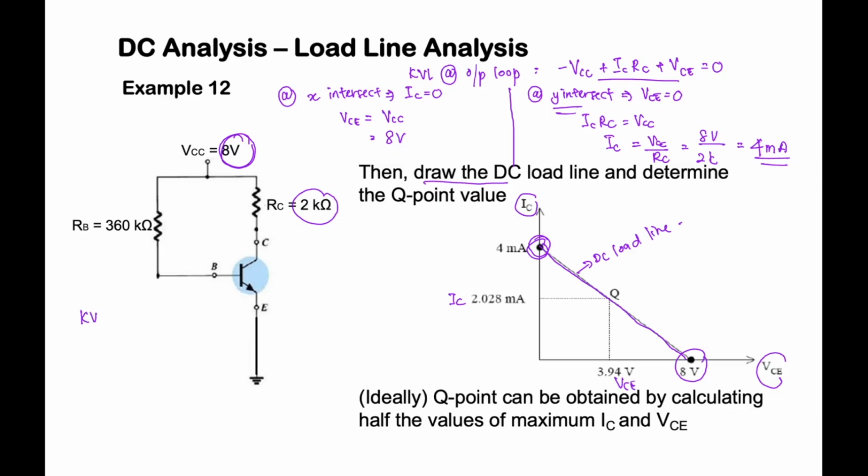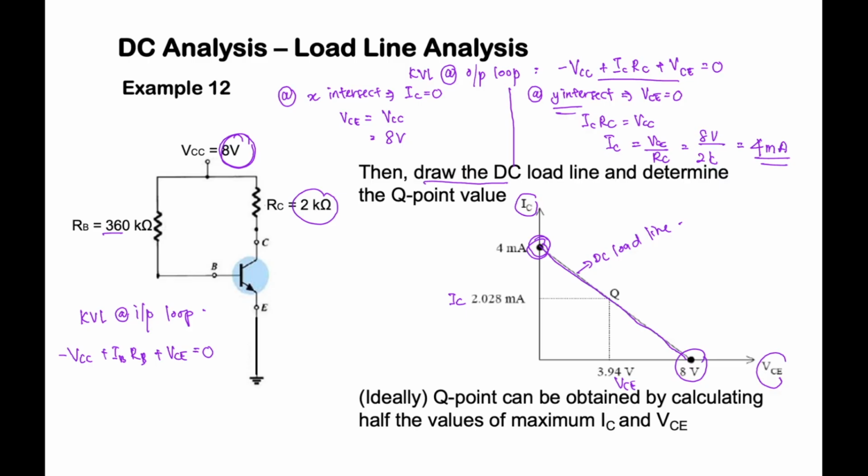So the KVL at the input loop is going to be negative VCC plus IB RB plus VBE equals 0.